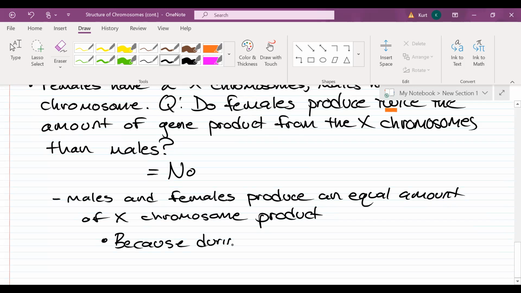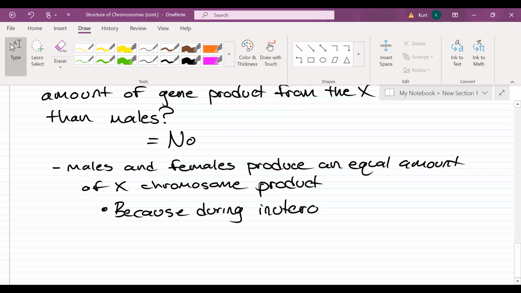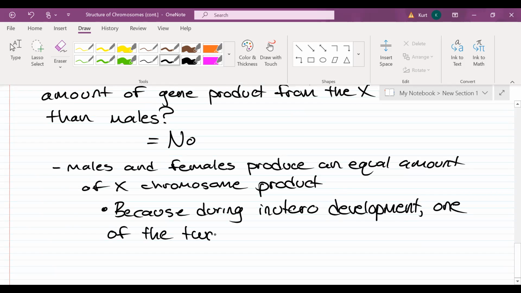Because during in utero development, this means while your mother is pregnant with you, ladies, during in utero development, one of the 2 X chromosomes shuts down.